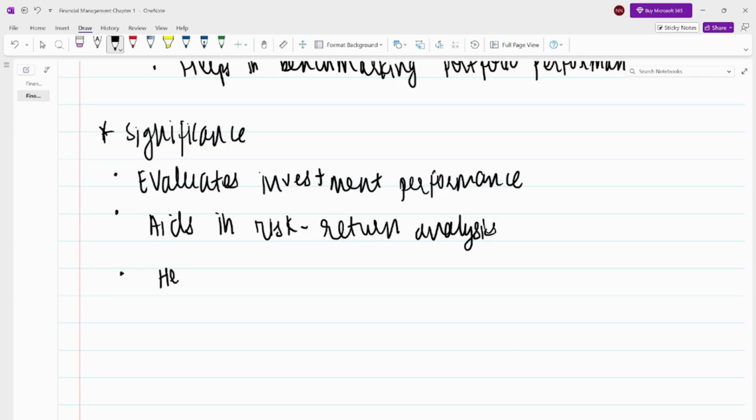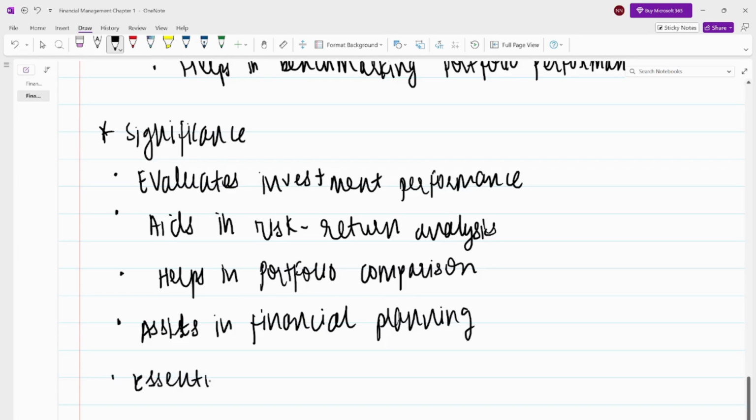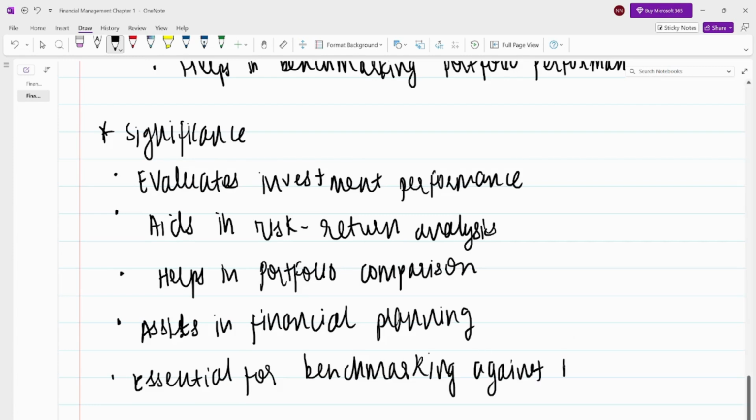Third, it helps in portfolio comparison. Fourth, it assists in financial planning. And last, it is essential for benchmarking against market indices.